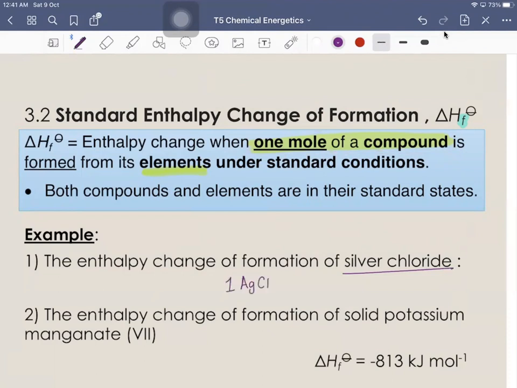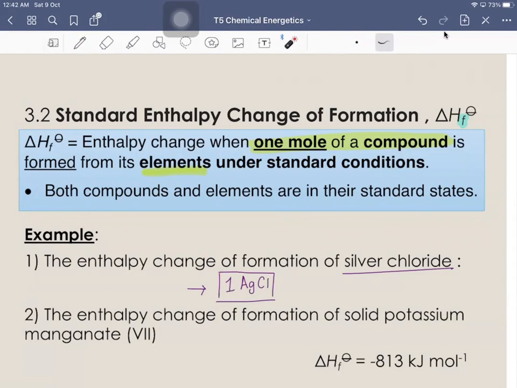So you have to get the formula correct, because if your formula is wrong, then your mole ratio, your equation will be wrong, and then later on your calculation will be wrong as well. Okay, so that's my 1 mole of silver chloride. This has to stay fixed. It has to be 1 mole. I know usually I don't write down number 1 if it's just 1 mole, okay, but this is important because I have to strictly follow the definition.